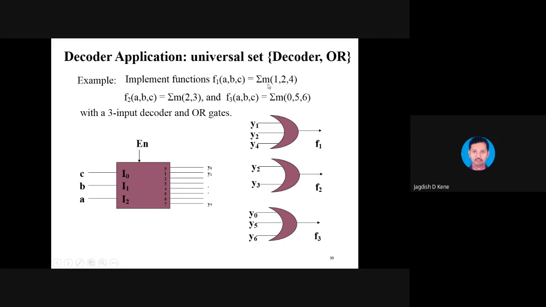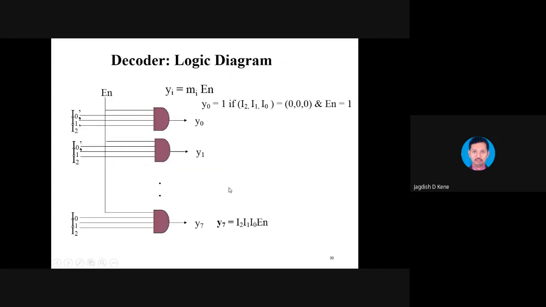So let us see summation of minterms 1 to 4. The function F1 will be generated when the outputs Y1, Y2 and Y4 are active, and these three are connected to generate the particular function. This is the extension of the previous one. Here we are generating only individual outputs, but further it will process.